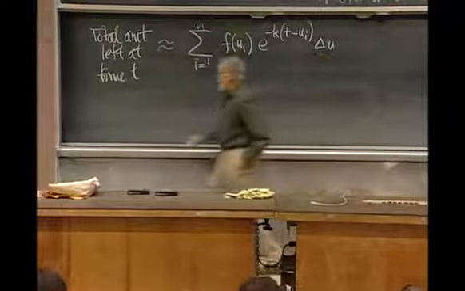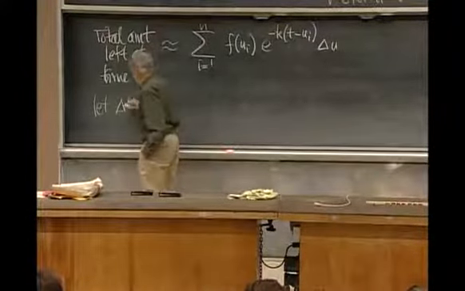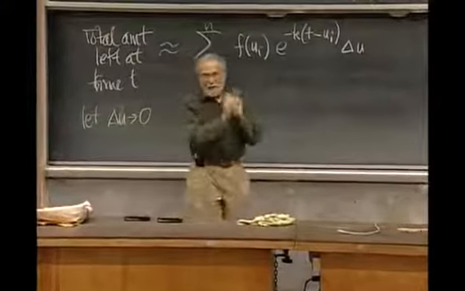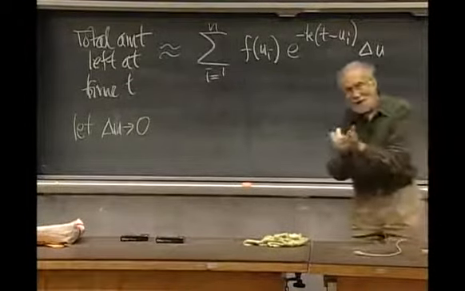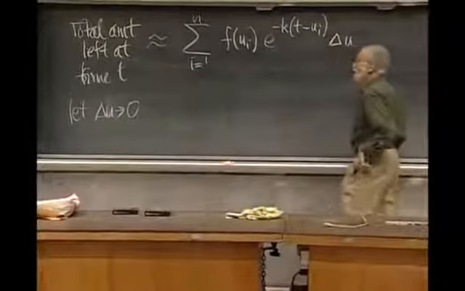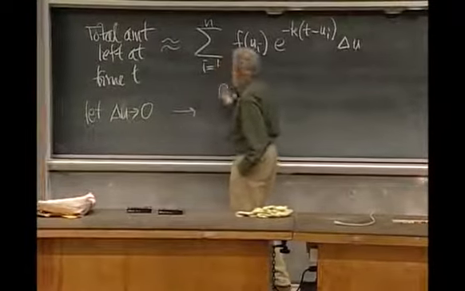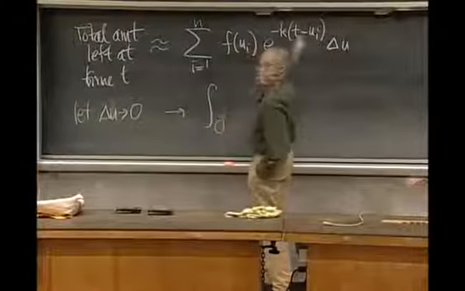And now let delta u go to 0. Make this more accurate by taking finer and finer subdivisions. In other words, instead of looking every month to see how much was dumped, let's look every week, every day, and so on to make this calculation more accurate. And the answer is, this approaches the exact amount, which will be the integral. This sum is a Riemann sum.